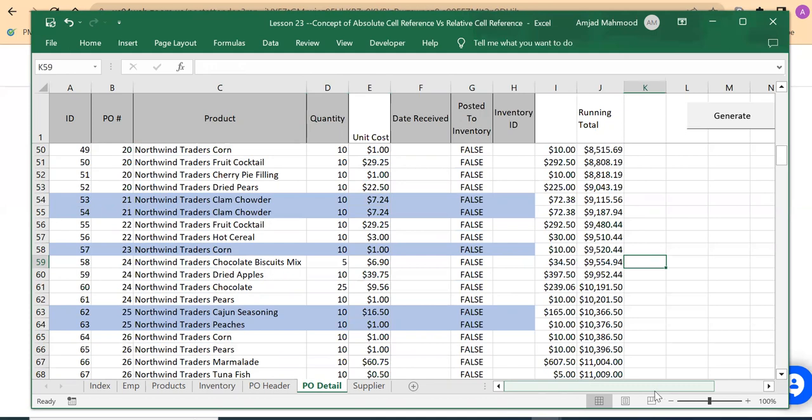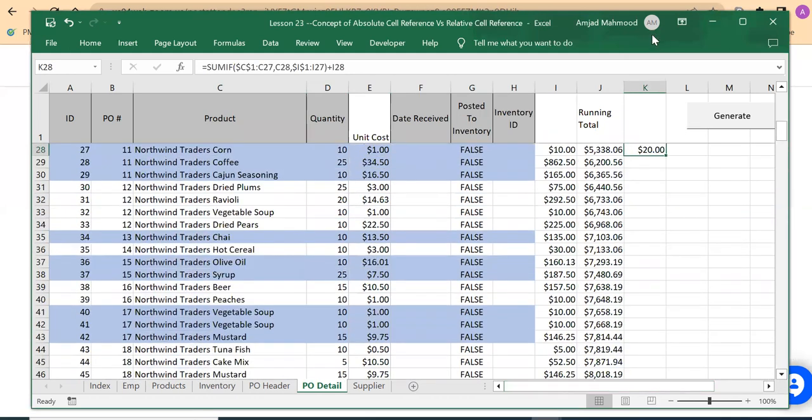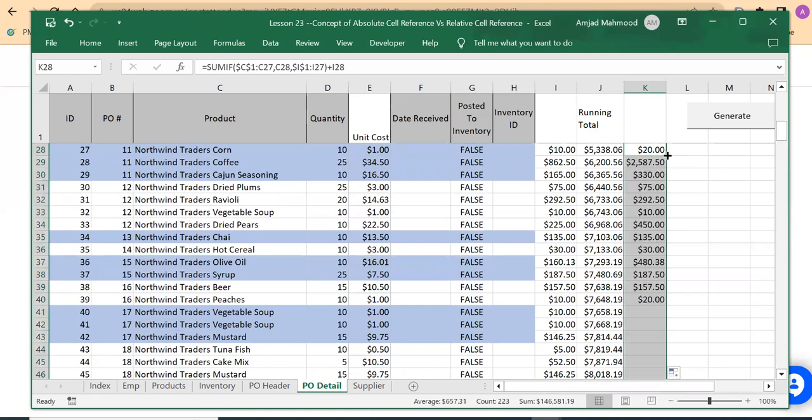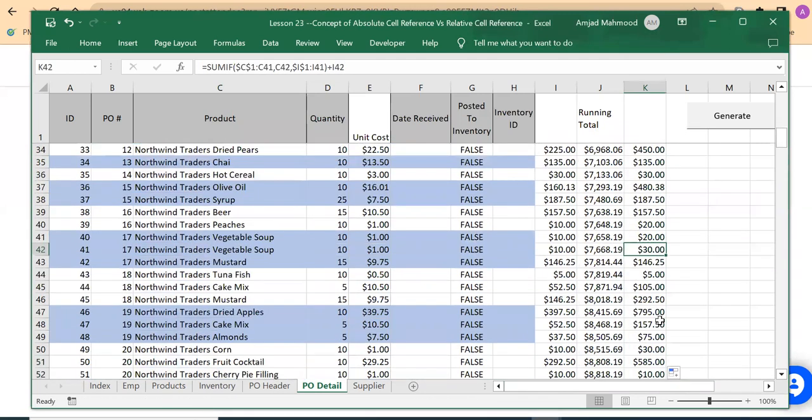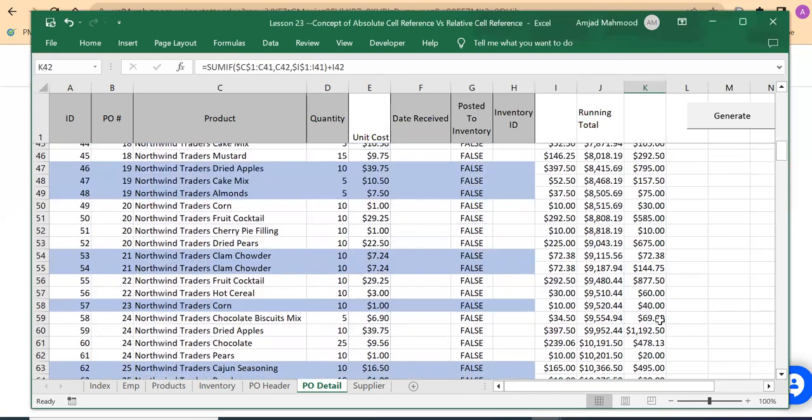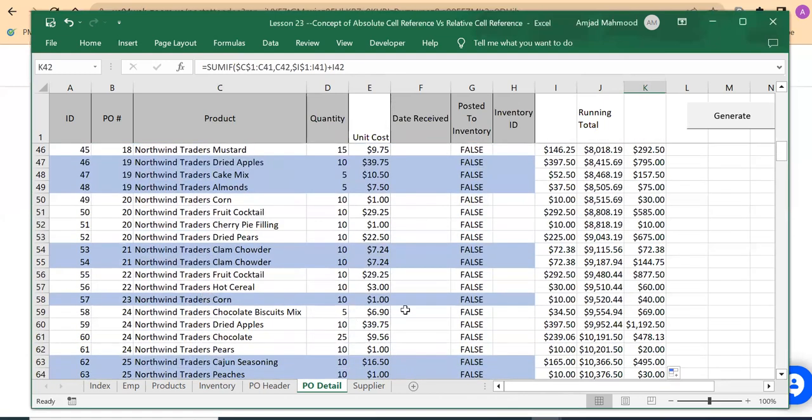And we copy the formula, right? So this is row number 59, okay? So 34 and 34, 34.90. On row number 59 you will see this 34 is added with the previous 34 and making you 69.